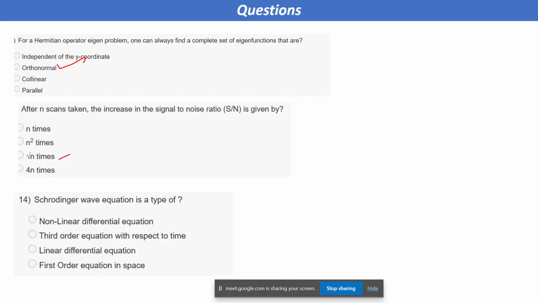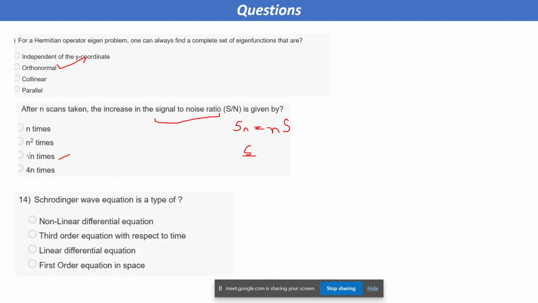Basically we are talking about signal to noise ratio. Signal is determinate, like a fixed value, while noise is random, it's indeterminate. So the net signal is equal to n s, where n is the number of scans and s is the signal for a single scan.